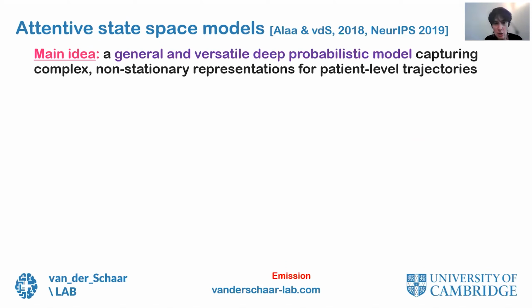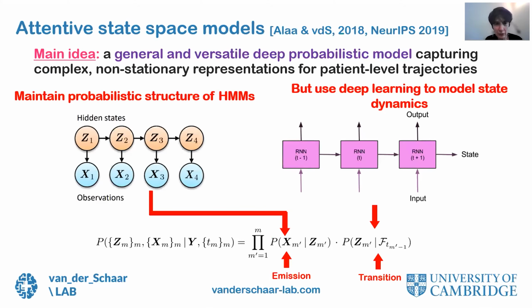So what we have done a few years back is we married powerful ideas from statistics with powerful ideas from deep learning, thereby creating a blend of the two, having the interpretable structure of hidden Markov models, but allowing representations to be learned using deep learning, thereby having the benefits of the two.